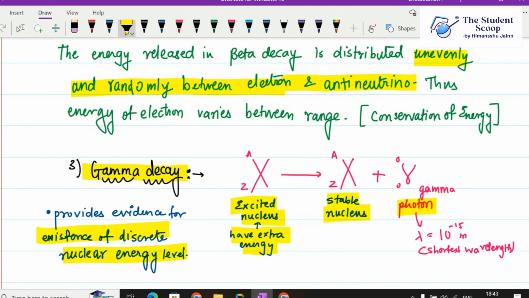It means they can't have any random energy, but some fixed energies are assigned to them, and they can make a transition between one energy level and another inside a nucleus while releasing a gamma photon. So even if a nucleus is stationary, the protons and neutrons can have higher or lower energy as per the energy levels, and that was the major discovery we had in gamma decay, of nuclear energy levels.